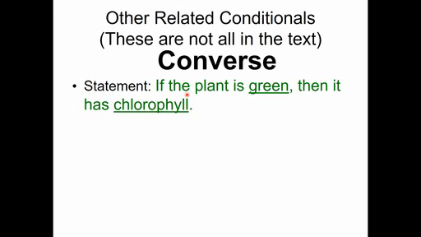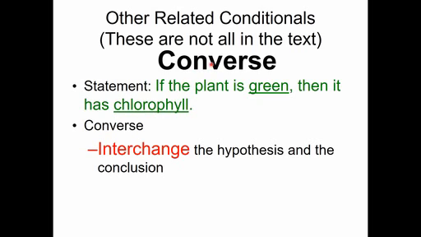The converse of the original statement interchanges the hypothesis and conclusion. It doesn't just write them in a different order. You don't say it has chlorophyll if the plant is green. That's not the converse. To interchange means to make the hypothesis the conclusion and the conclusion the hypothesis.